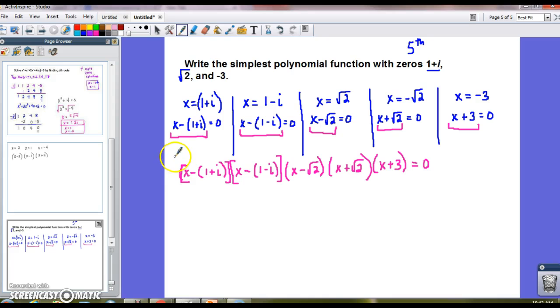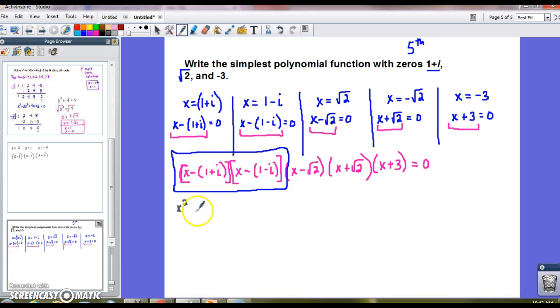Now, this is where it can get a little bit hairy, for lack of a better word, right? I'm going to focus on these two terms first, and I'm going to multiply them together. And all I'm going to do is FOIL. When I FOIL those together, and multiply my first two terms together, I get x squared.